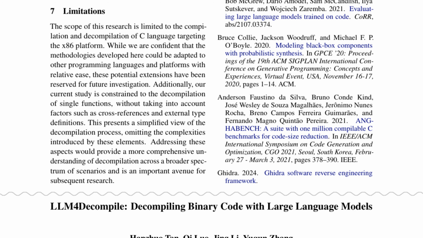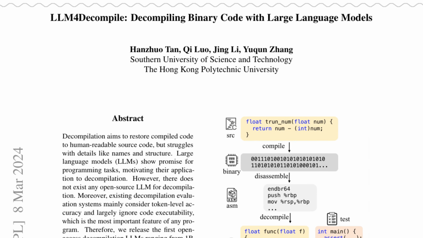Additionally, our current study is constrained to the decompilation of single functions, without taking into account factors such as cross-references and external type definitions. This presents a simplified view of the decompilation process, omitting the complexities introduced by these elements. Addressing these aspects would provide a more comprehensive understanding of decompilation across a broader spectrum of scenarios and is an important avenue for subsequent research.